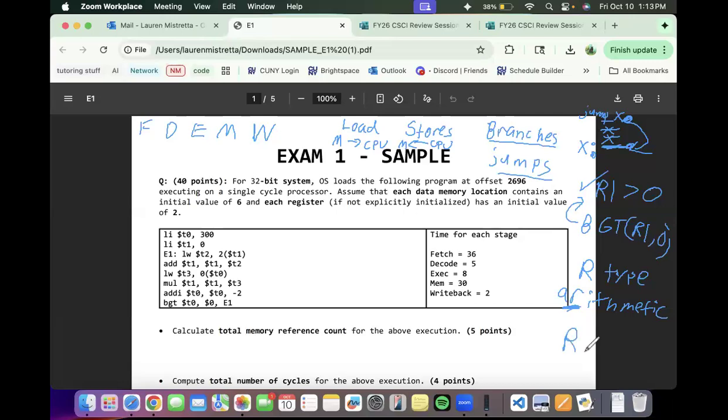So if I said register 1 plus register 2, that says that I do R1 plus R2: whatever is in this register added to whatever is in that register. And now this could be stored in register 1, let's say. So this is an R type. And these are the main types of instructions that you want to keep in mind.